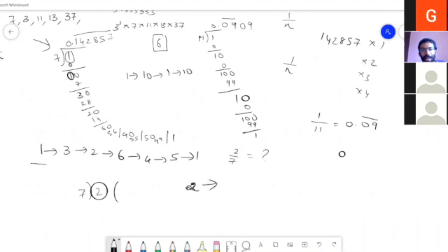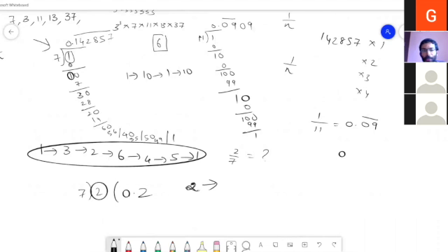Because we have this remainder chain here: 2, 6, 4, 5, 1. This will be the remainder chain. And the first quotient digit that we will have after the point is 2, right? So this 2 is the same 2 here, isn't it? Right. And 285714.